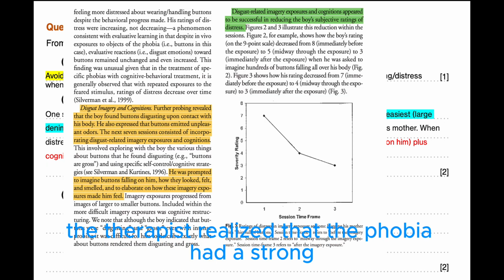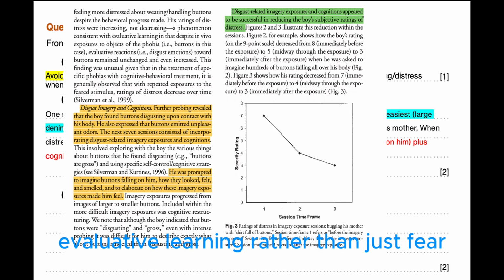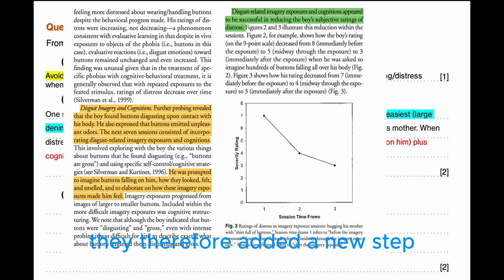The therapist realized that the phobia had a strong disgust component, evaluative learning, rather than just fear. They therefore added a new step: disgust-related imagery exposures.